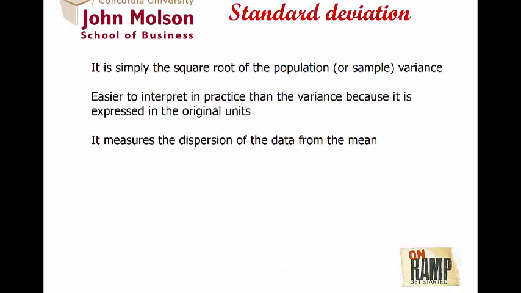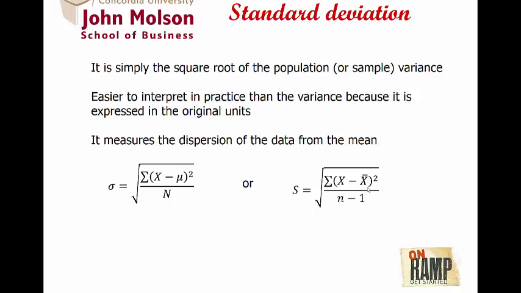Now, if I take the square root of the variance that I had in the previous slide, I get what we have, the standard deviation. If I take the square root of the unit square, it's the original unit. So the standard deviation, this new measure, is simply the square root of what I had before.